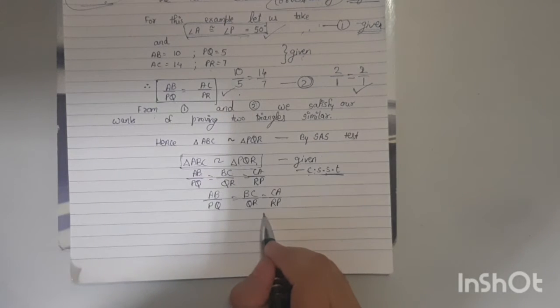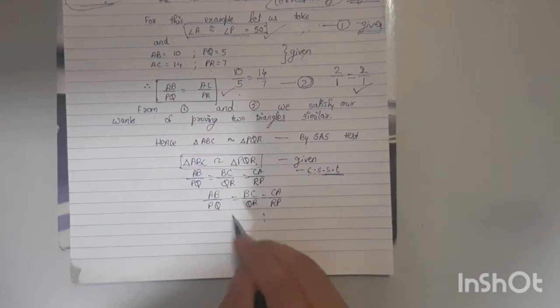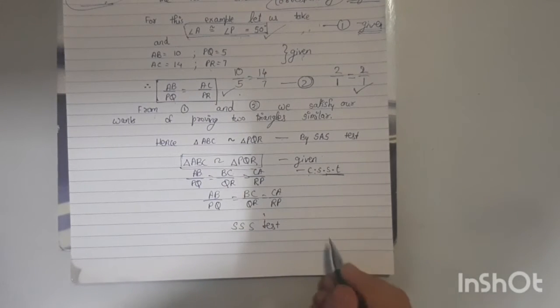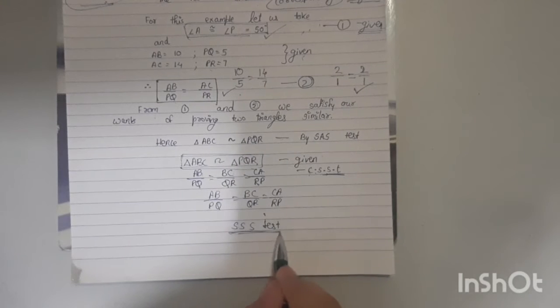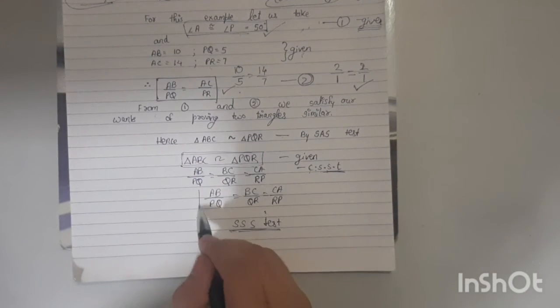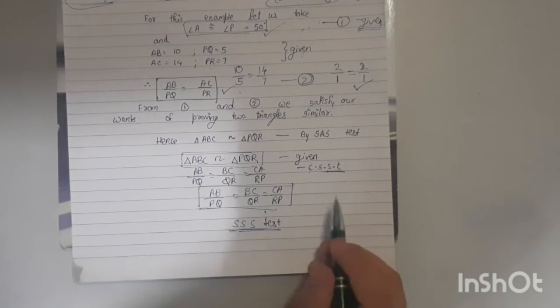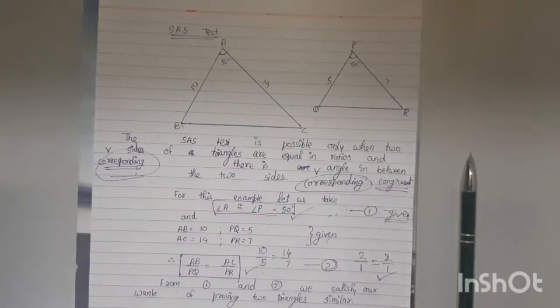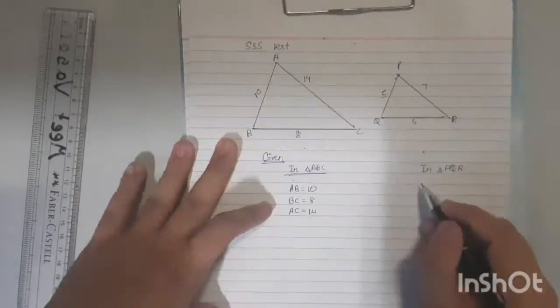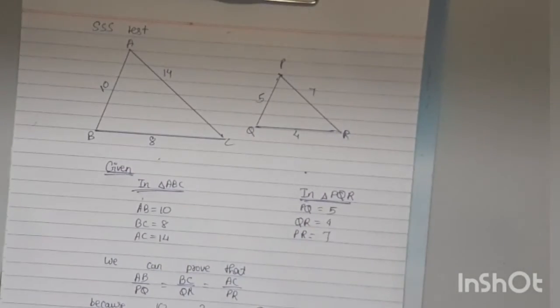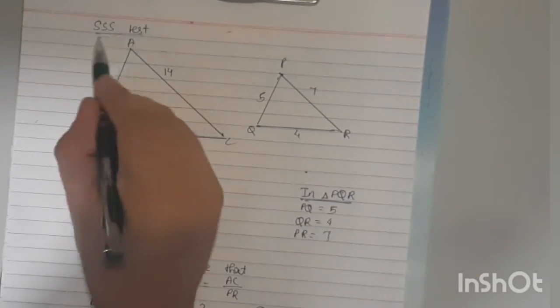This also proves our third test, that is the SSS test. How? In the SSS test, we have to prove this thing. Don't worry, I'm going to prove that ahead. Okay, so here is the SSS test.